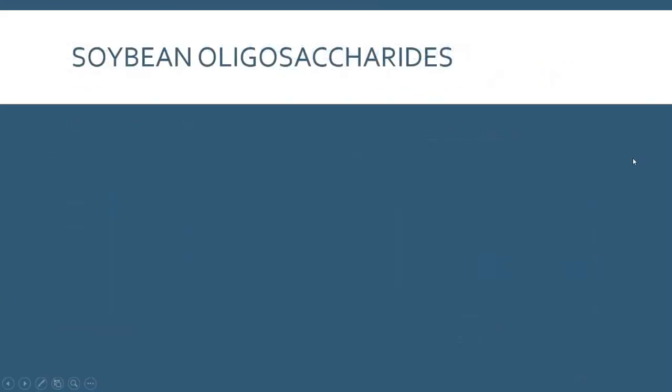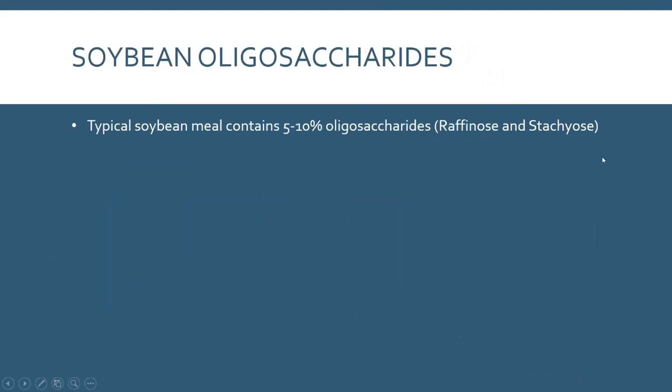So how about these soybean oligosaccharides? Typically, soybeans would have around 5 to 10% oligosaccharides. This is not a usual laboratory method that we employ when we are purchasing soybean.